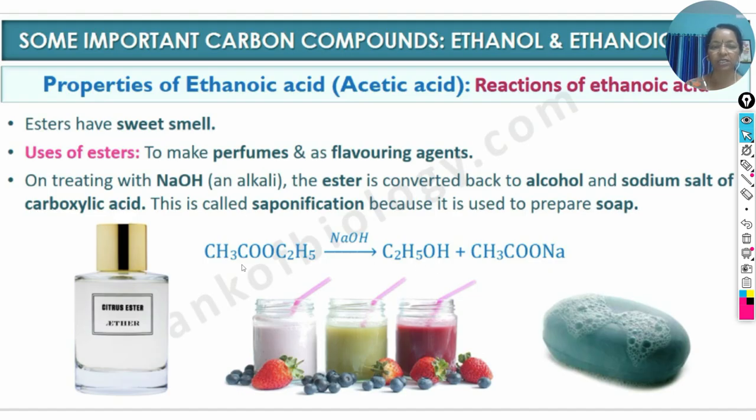Okay, so the ester reacts with NaOH and decomposes to the corresponding alcohol and the acid, and that acid reacts with NaOH, giving the salt of that acid. This reaction is called saponification because a very similar reaction is used for making soaps.